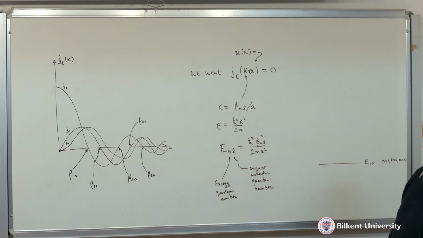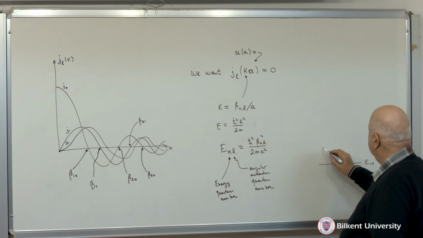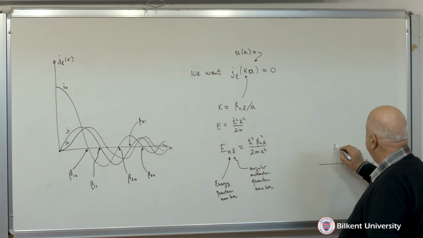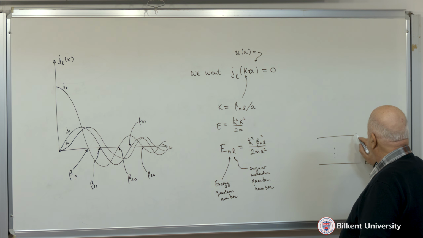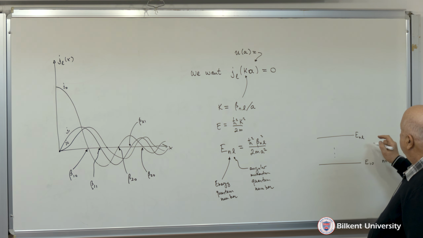Somewhere over here I cannot really make out how the ordering will go because of the non-uniform distribution of these betas. But suppose I'm going to get some energy level here which corresponds to E_nL. That's some general energy level.